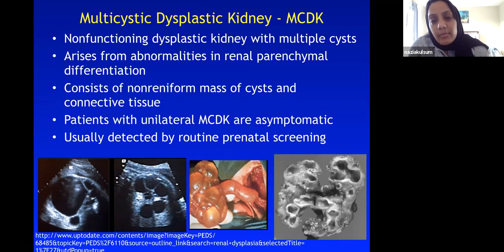As probably you already are aware, for having a healthy life, all you need is one normal kidney. And in kids, the good thing is they are growing. So if you have a normal kidney, then there's a good chance of hypertrophy. So in that situation, what we do is we follow these kids up, make sure that they're getting annual sonograms, make sure the contralateral kidney is showing hypertrophy, and also to check and make sure these multicystic dysplastic kidneys are undergoing involution.